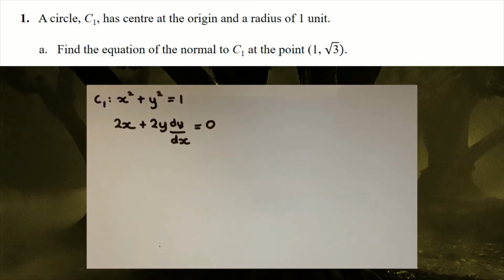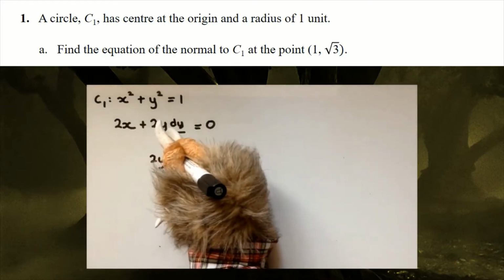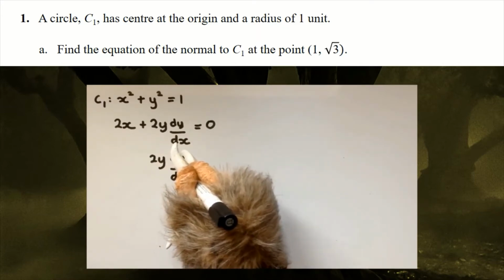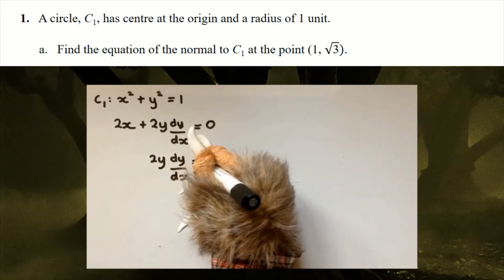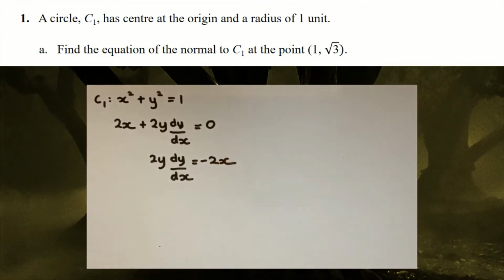Great. Now, let's make dy by dx the subject. So we'll have 2y dy by dx is equal to negative 2x. I've just got to subtract 2x from both sides.